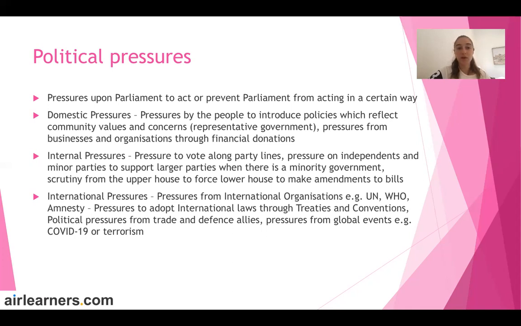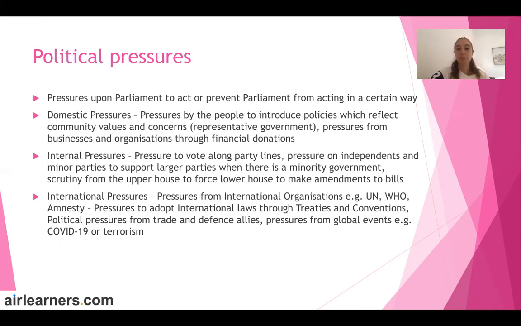The next type of political pressures is internal political pressures, and this is from within Parliament and within the political process. So there would be political pressures along members of Parliament to vote along party lines. The Liberal Party would put pressure on the Liberal members to vote along party lines and vote in accordance with the Liberal Party's views.